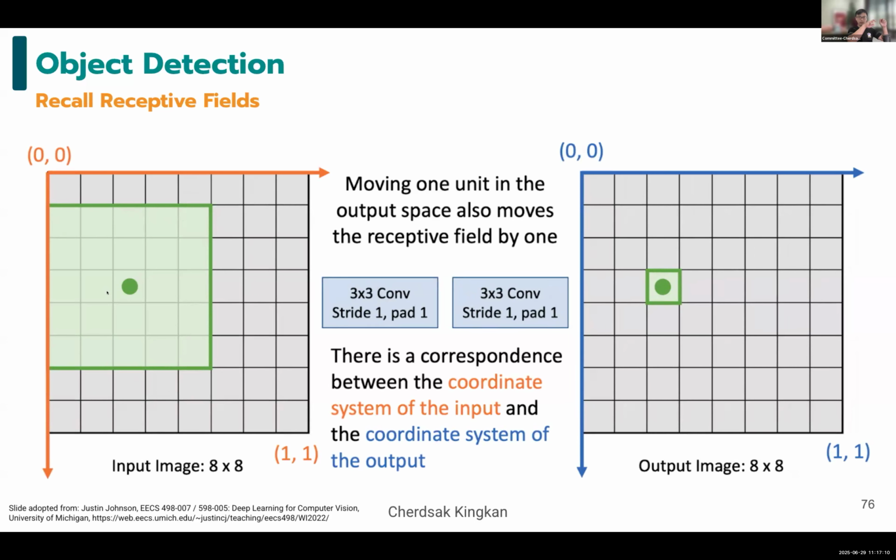So there's a correspondence between the coordinates of the two, because when you are performing convolution, you are mapping features from the original input to the feature map of the first layer, and then you map into another feature space. All right. So these feature spaces have a correspondence between their coordinates, right?